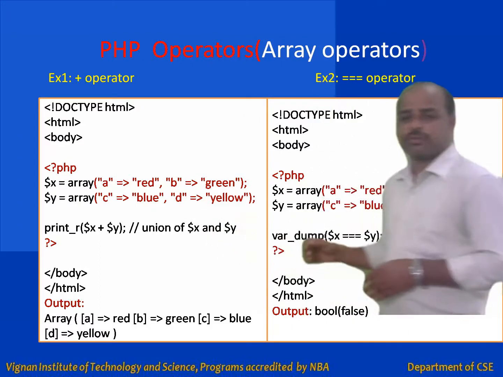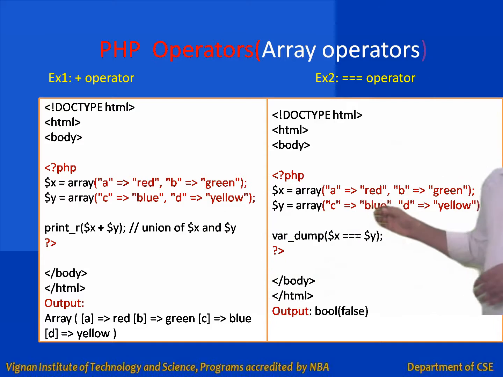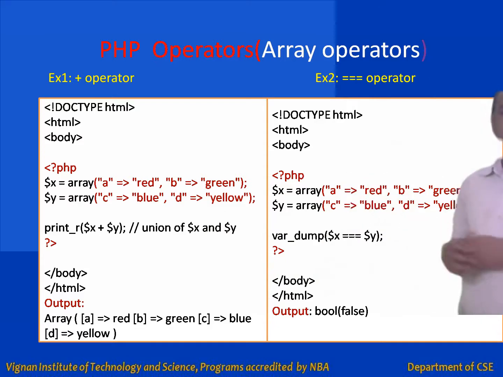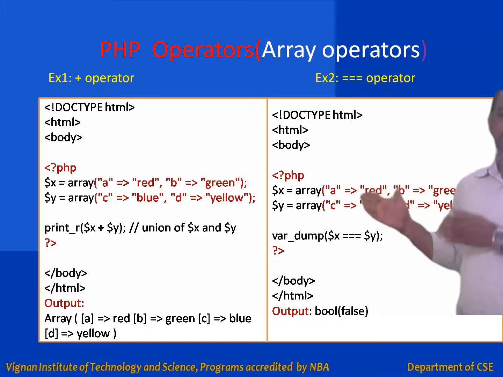Similarly, you can see the second example, the identity operator here. $x is equal to array, $y equal to array. We have two arrays, and we are using var_dump of $x is identical to $y.